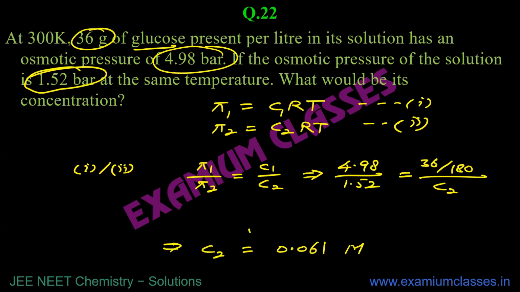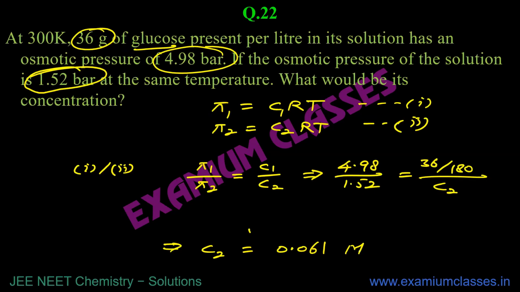Now why do I say that you should be following this method? In this particular question, by chance, you will get the same answer. But if this question appears in JEE, most probably they will not consider the value of R as 0.0831, and that is the reason the answer will be different.